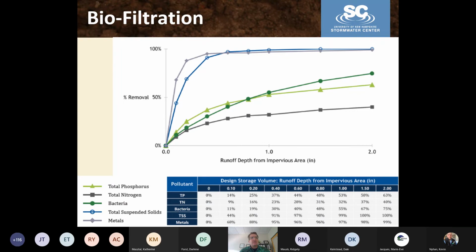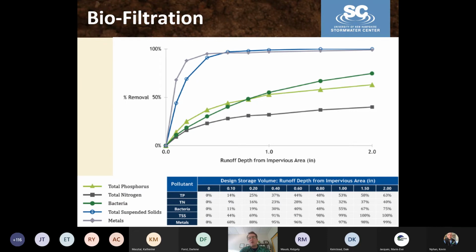What we have negotiated with EPA, and is in the retrofit manual and will hopefully be coming out in other manuals as they update throughout New England, is that if we're designing the underdrains such that we are elevating them and not putting them in the bottom of the system, elevating them to enhance filtration and infiltration, then we should be getting credit for the infiltration capacity of the system.